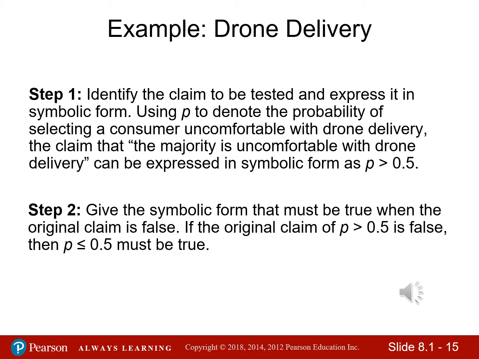Step 2. We give the symbolic form that must be true when the original claim is false. If the original claim P is greater than 0.5 is false, then P is less than or equal to 0.5 must be true.